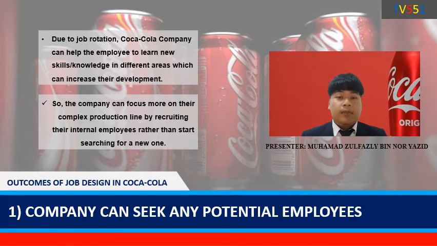So the company can focus more on their complex production line by recruiting their internal employees rather than start searching for a new one. As we can see, it can help this company to reduce turnover and keep the employees that are familiar with the company flow. Thus, job rotation is a worthwhile strategy because it gives benefits to both parties.